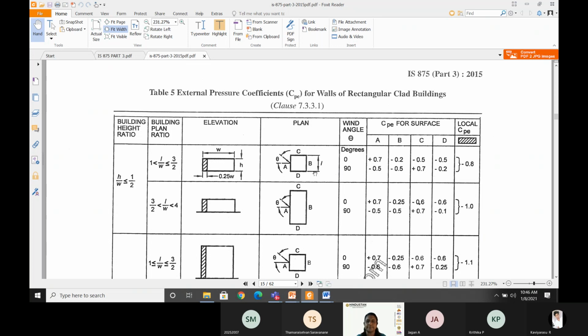So at each face, at each wind angle, and for this plan dimension, for the aspect ratio, what is the value of CPE for all surfaces? So that is what is given here.